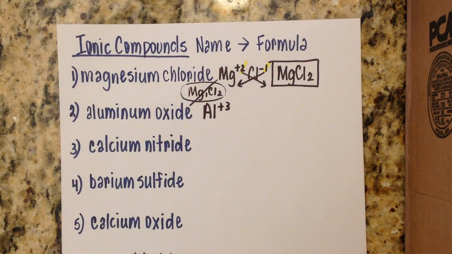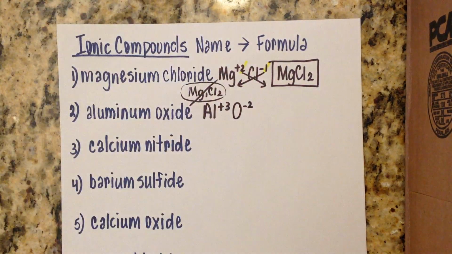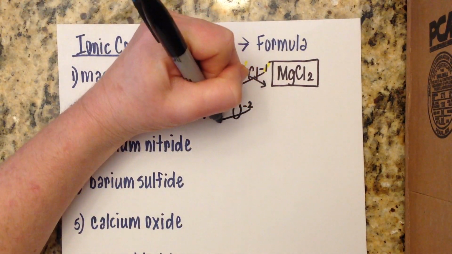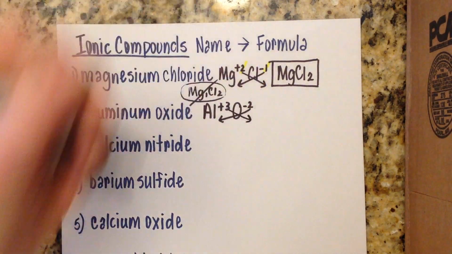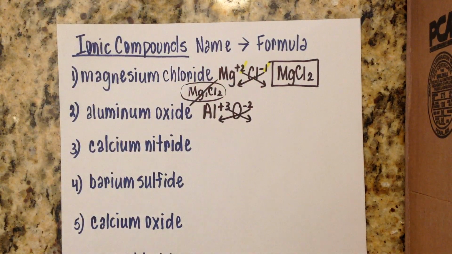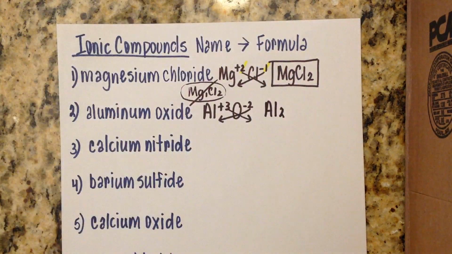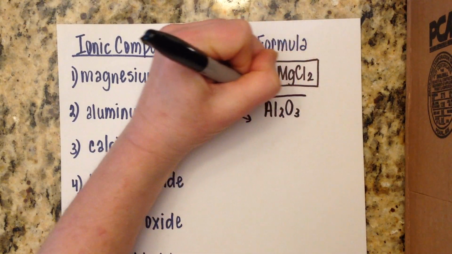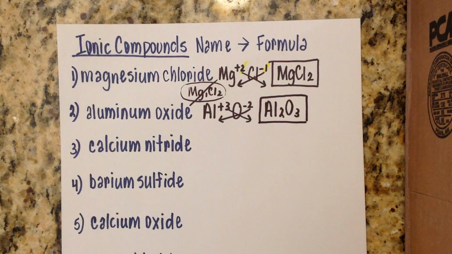So oxygen has a -2 charge, so O -2. We are going to grab the numbers. We're going to put that 2 right there, that 3 right there, crisscross. So our formula is Al2O3. And that's it. Let's do the next one.